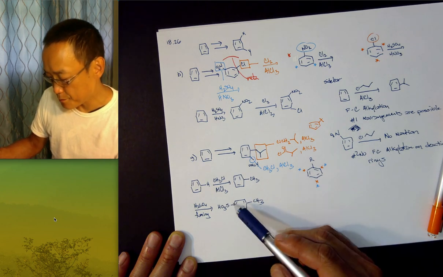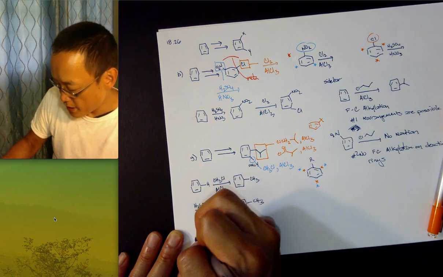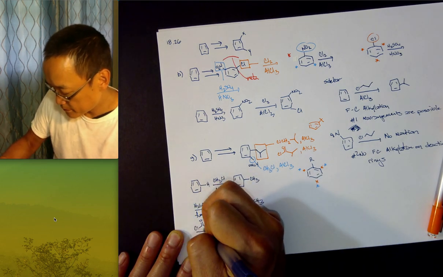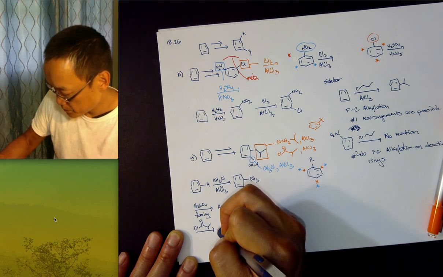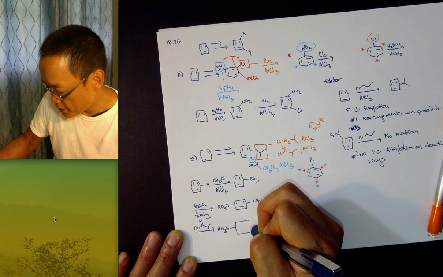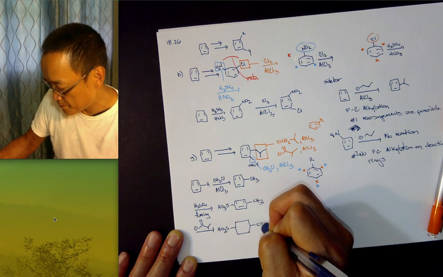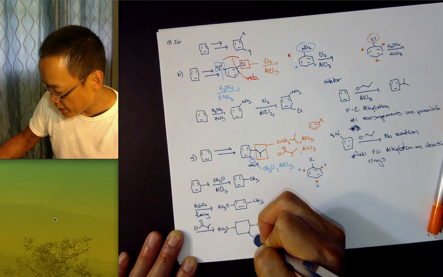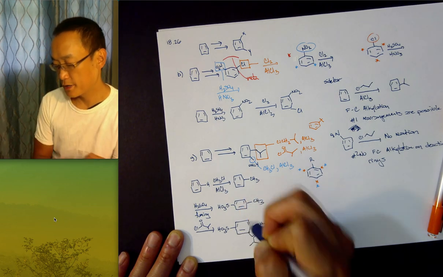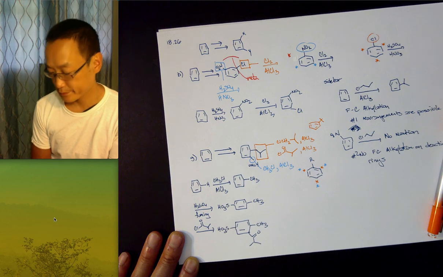And then at this point in time, we can add the Friedel-Crafts acylation, and because both of these things are directing to the same position, we will see a very nice yield when we add that acylated product.